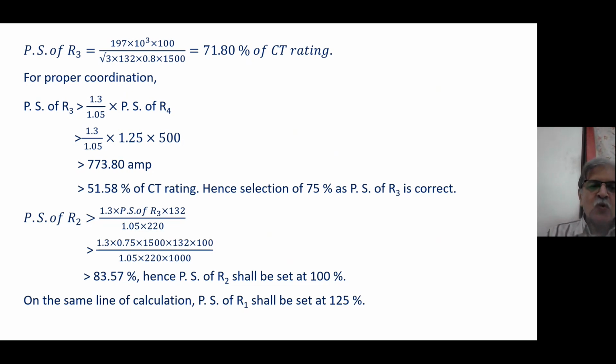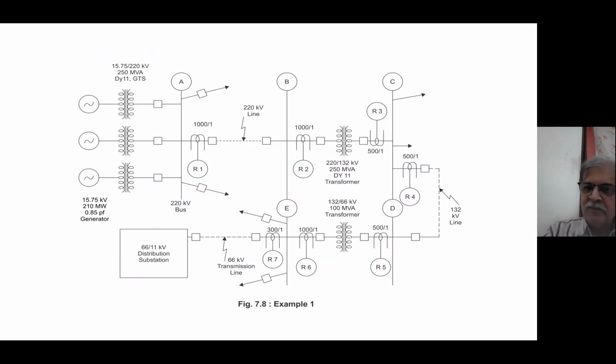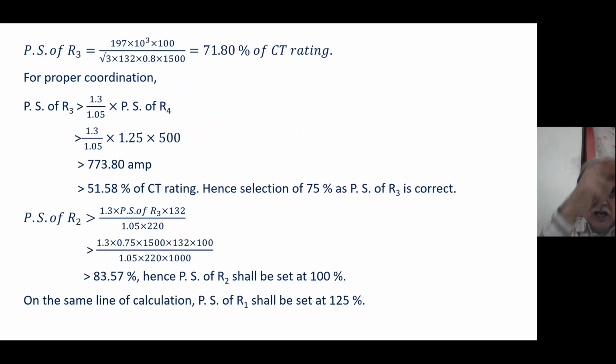Therefore, PS of R3 is finally 75% selected is correct. Similarly, PS of R2, I have to consider 1.3 divided by 1.05 principle because between R2 and R3 I have nothing. R2 and R3 only 1.3 divided by 1.05, and no doubt transformation ratio I cannot forget, 132 by 220. So if I consider that, my plug setting of R2 happens to be 100%.